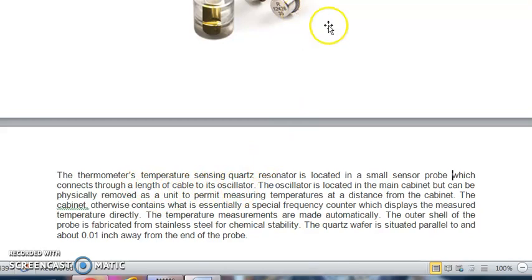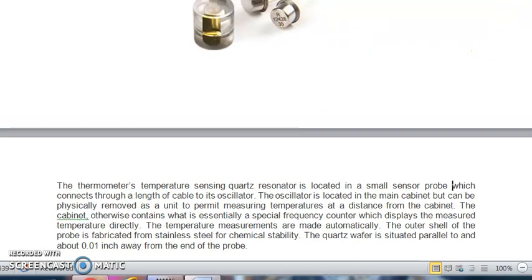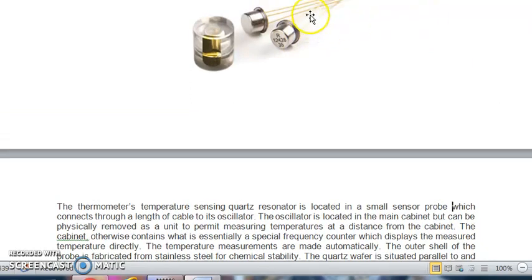You have watched in the picture, there are terminals. These are the terminals through which it is connected in the circuit. The oscillator is located in the main cabinet but can be physically removed as a unit to permit measuring temperature at a distance from the cabinet.